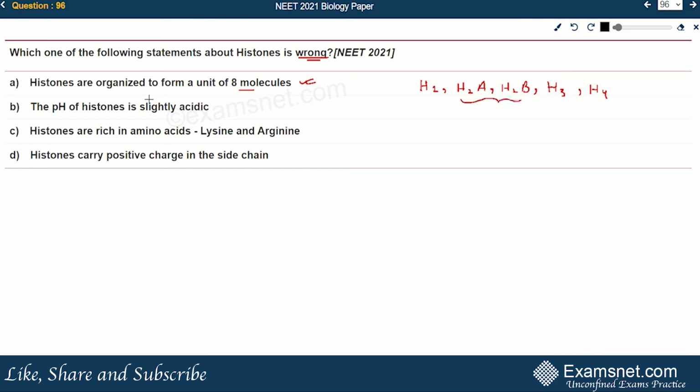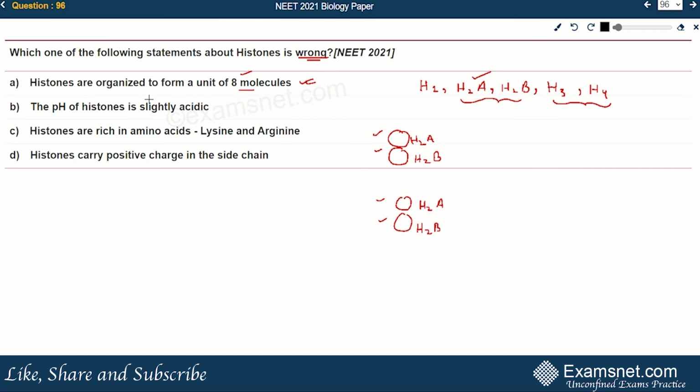These two and these two occur in pair to form histone octamer. That means a unit of 8 molecules. Okay, let's see how. Suppose this is your H2A and this is your H2B. Okay, similarly one more such pair will exist, H2A and H2B. Okay, so how many molecules? 1, 2, 3, 4. So these two form 2 pairs.